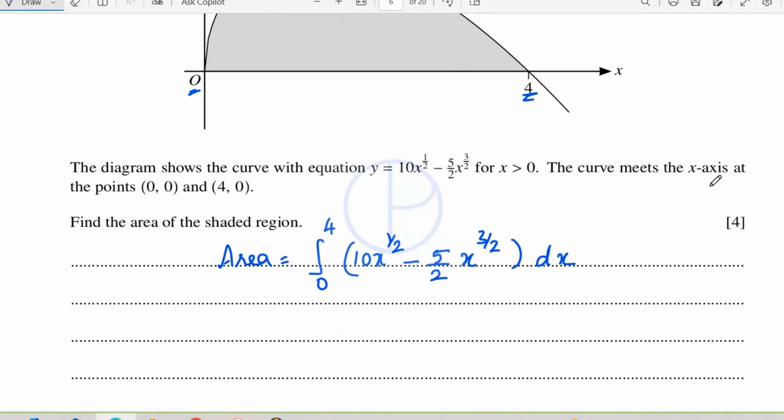Now let's integrate this one. 10x, increase the power of x by 1, so 3 over 2 divided by 3 over 2, minus 5 over 2 multiplied by x power, increase the power by 1, so 5 over 2 divided by 5 over 2, 0 to 4.